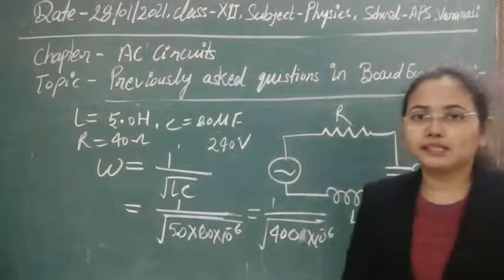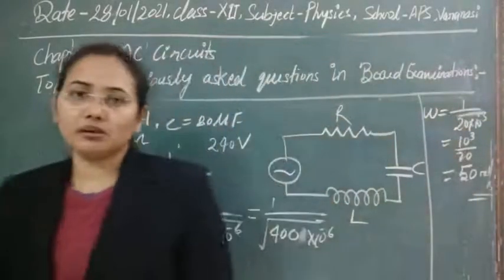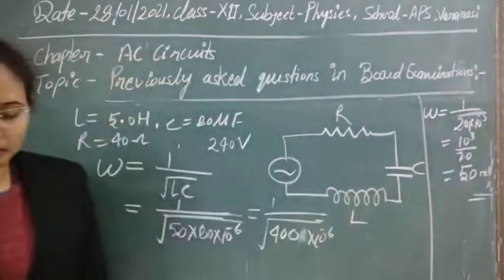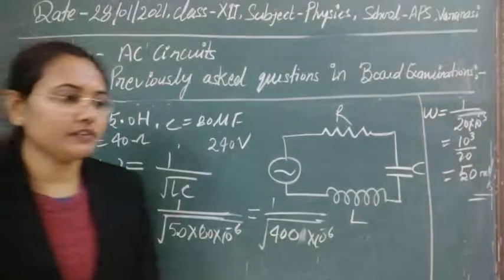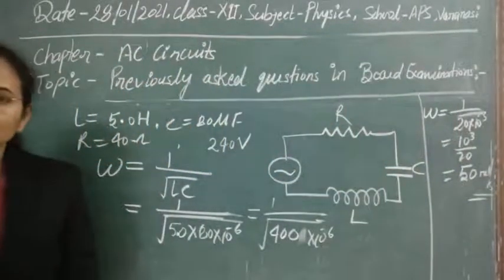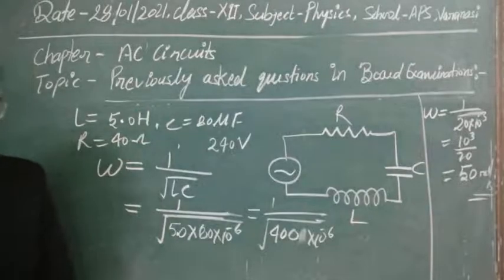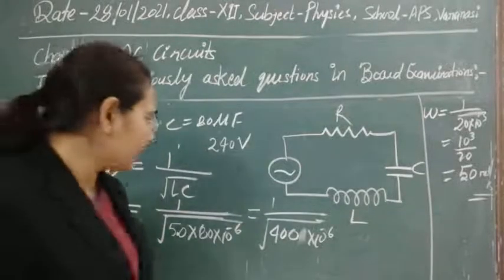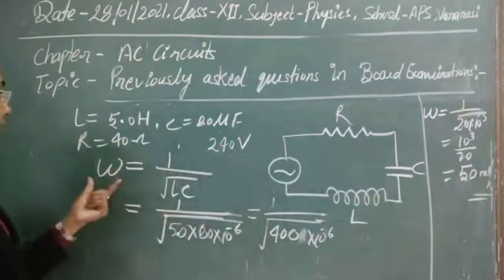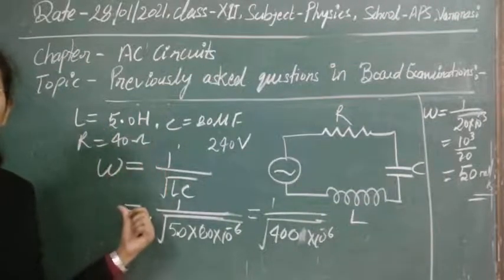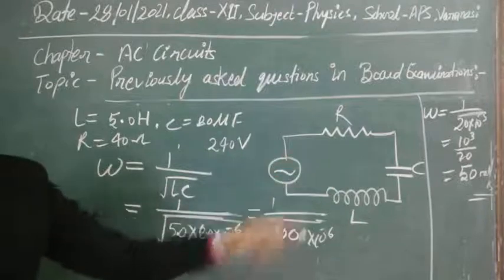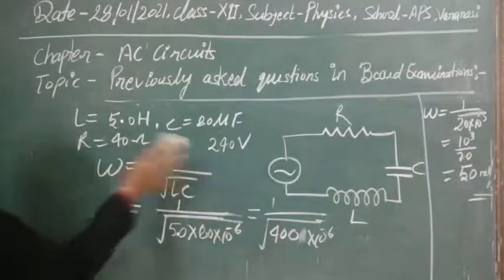So this is basically the angular frequency of the system here. So I think now there is no confusion about how to calculate the angular frequency. First of all, keep in mind what angular frequency is and what frequency is. If you have to calculate the frequency of oscillation, then omega will be equal to 2πf, where f is the frequency of oscillation. So angular frequency and frequency we can calculate at resonance easily.